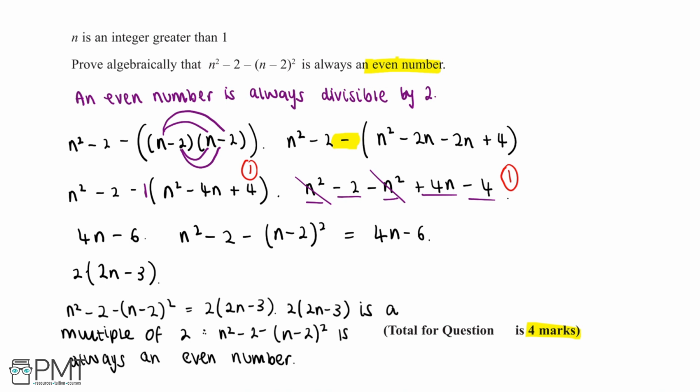The third mark is for reducing this to 2 multiplied by (2n minus 3), which we've done over here. And then finally, that last mark is for that conclusive statement which states that 2 multiplied by (2n minus 3) is a multiple of 2, and therefore n squared minus 2 minus (n minus 2) squared is always an even number.